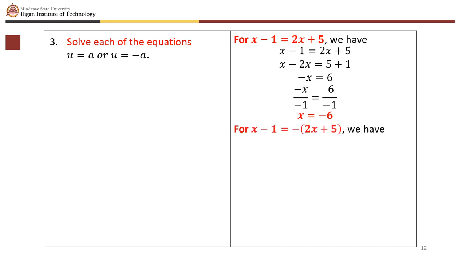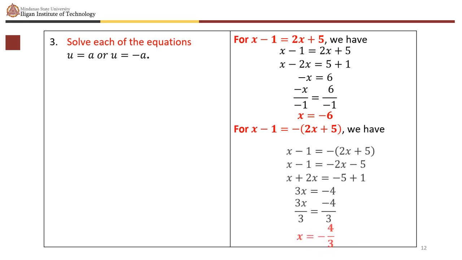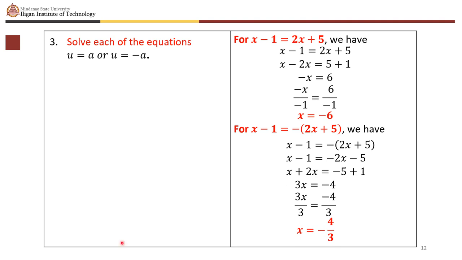For x minus 1 equals the negative of 2x plus 5, then we have the following. That is, x minus 1 equals the negative of the quantity 2x plus 5. We can distribute the negative sign here and come up with minus 2x minus 5.